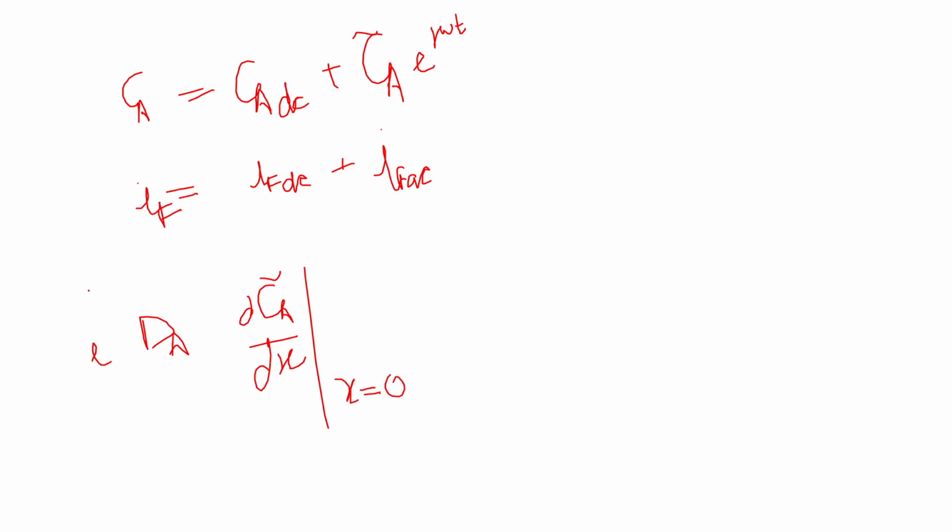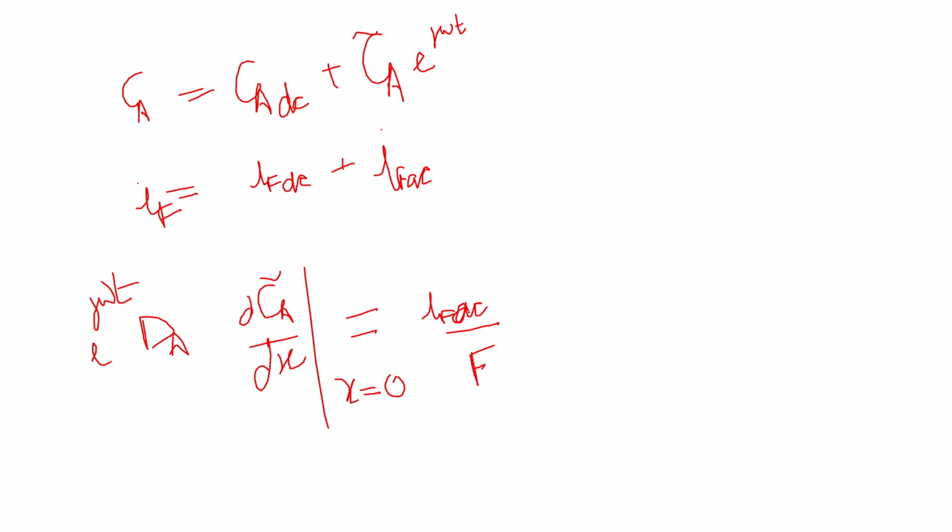This is not a function of x, so I can take that out, which is equal to IF AC by nF. Again, IF AC is nothing but IF AC naught into e raised to jωt plus φ.